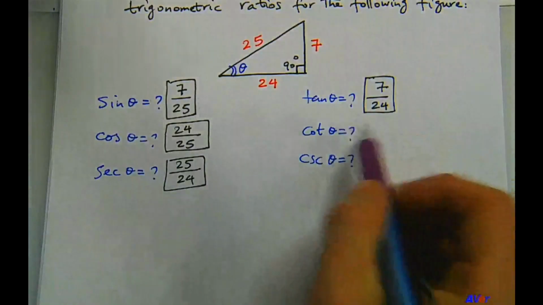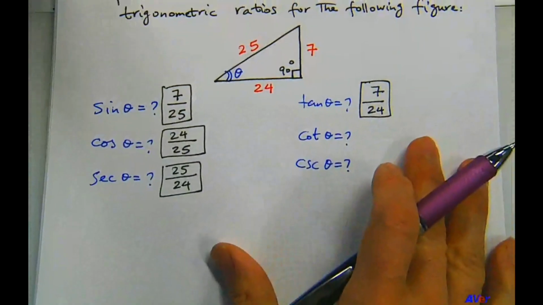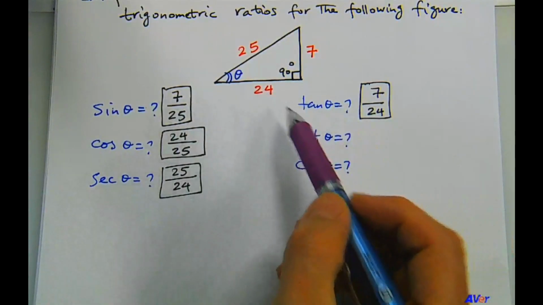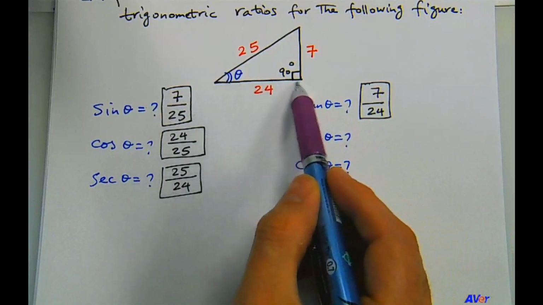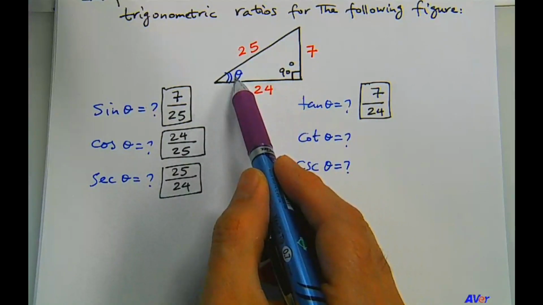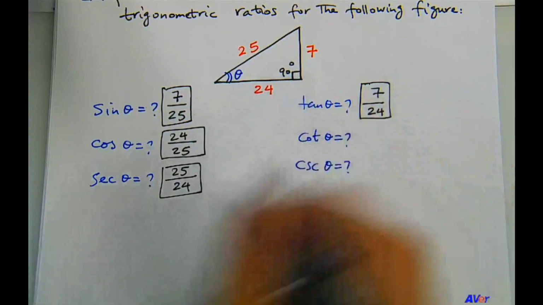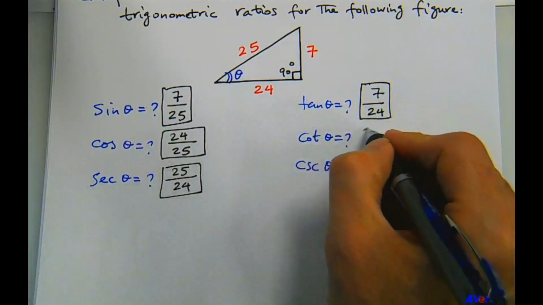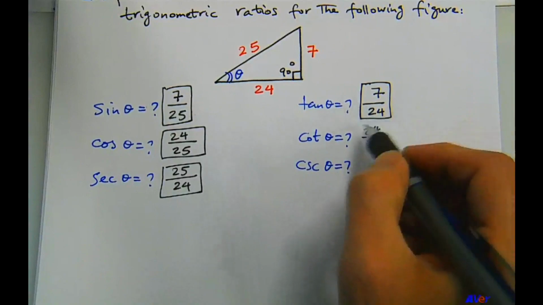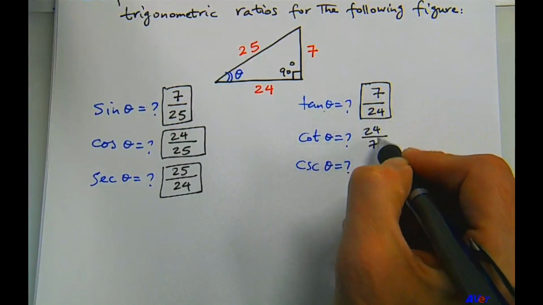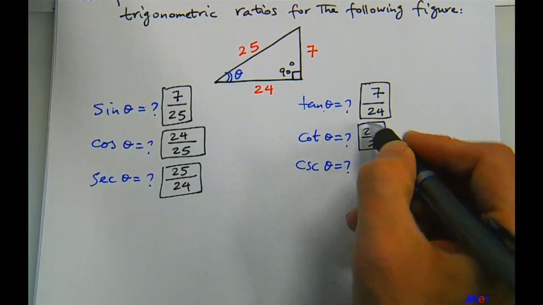Okay, so for cotangent of theta, this is the adjacent side, adjacent to the angle, divided by the opposite. So 24 divided by 7, or the flip, or the reciprocal of what we have for the tangent, right? Like that.